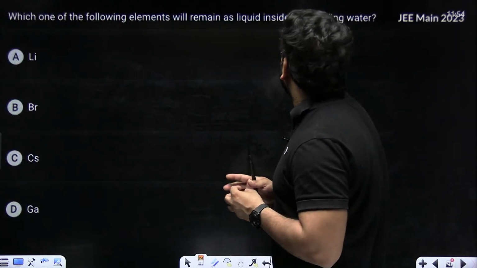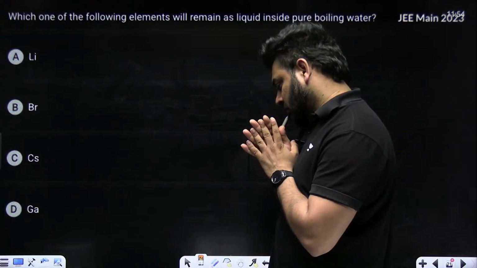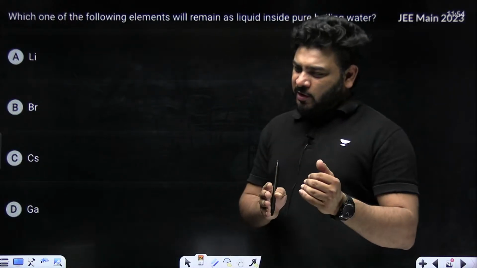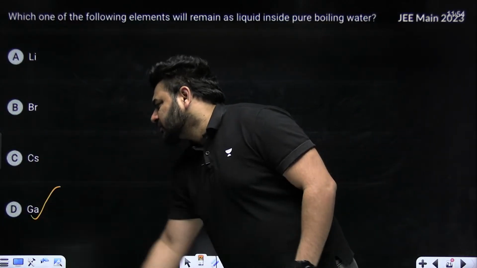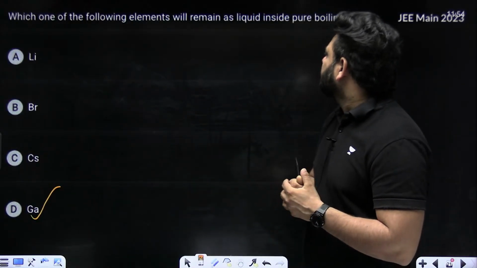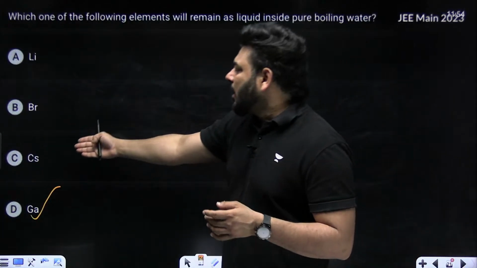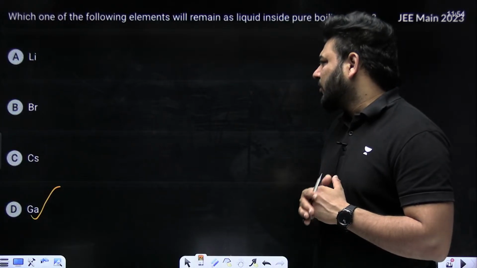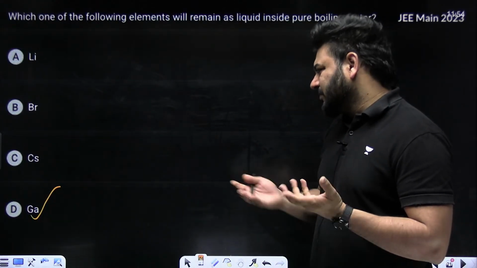In pure boiling water, we would require an element that has a low melting point but a high boiling point, and gallium could be the correct answer, because gallium is the one which remains liquid inside pure boiling water. Lithium and cesium might react with water producing their respective compounds. Gallium doesn't interact with water as such. I guess this might be the reason.